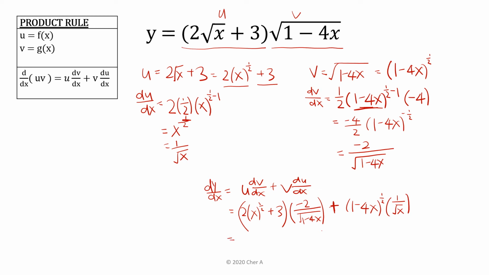Now let's simplify everything because they are all over the place now. So I'm going to put this in a single fraction. So I have negative 2 times 2 square root x plus 3 over square root 1 minus 4x, plus square root 1 minus 4x over square root x.